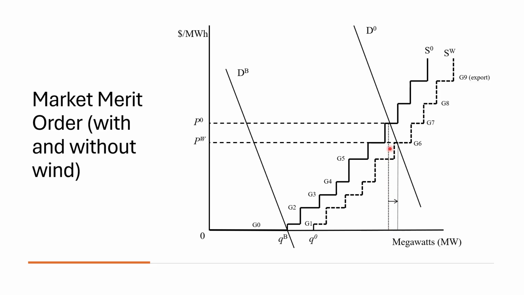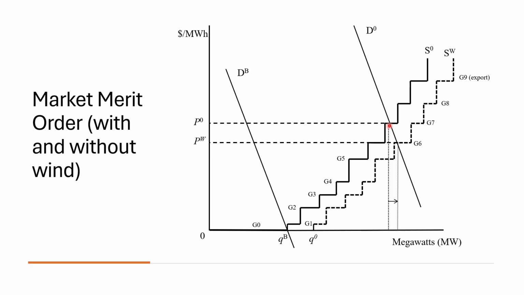All right, so if the wind is in, then the price would drop with the wind, and there would be a slight increase in the amount of electricity that's being demanded, given that the demand D0 is downward sloping and it has some slope to it instead of being completely inelastic.